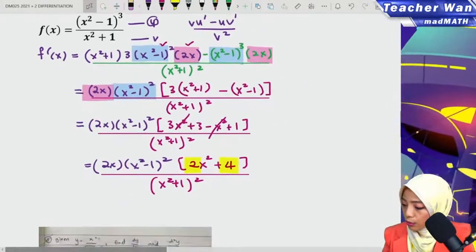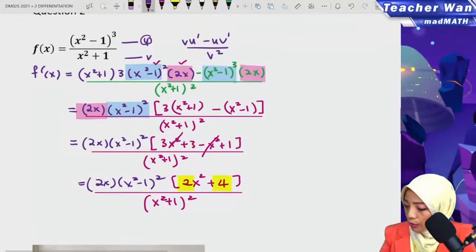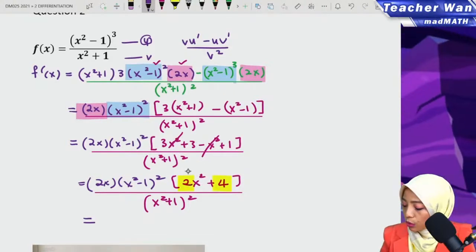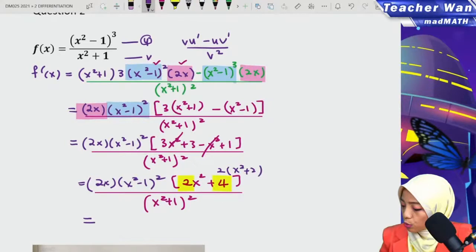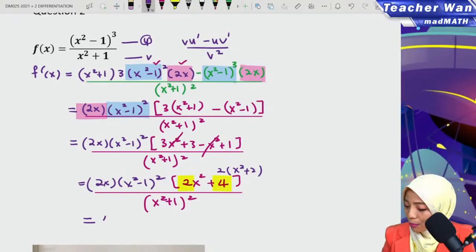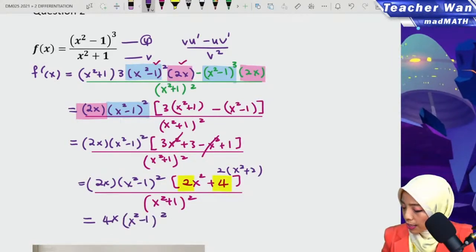I zoom in a little bit here. So equal with, if we take this out too, for example, I just write here 2x square plus 2. This 2 is going to multiply with 2x, so it becomes 4x. Yes, so x square minus 1 square.